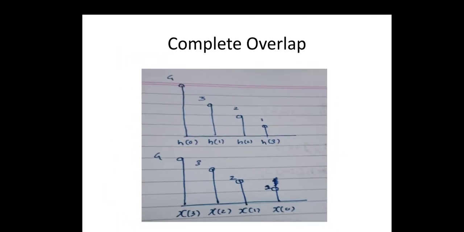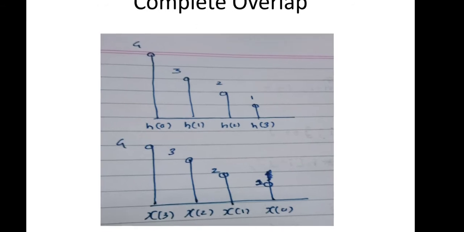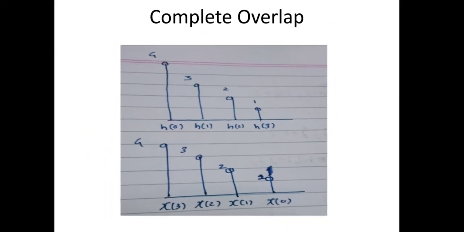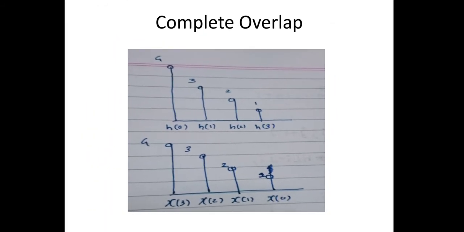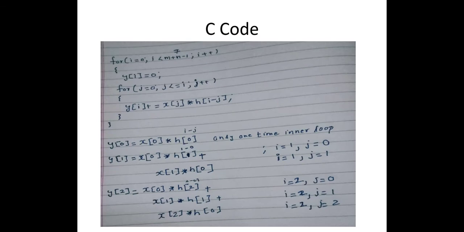Where x of 0 multiplied by h of 3 plus x of 1 multiplied by h of 2 plus x of 2 multiplied by h of 1 plus x of 3 multiplied by h of 0 gives me the value as 30. And similarly so on.